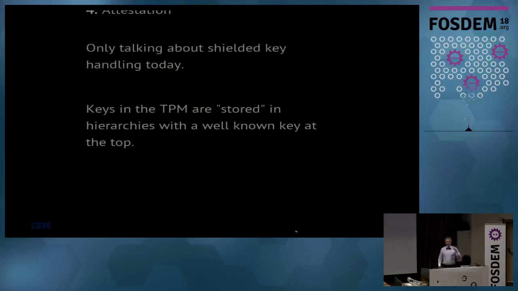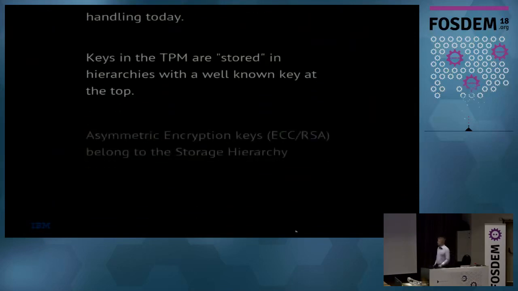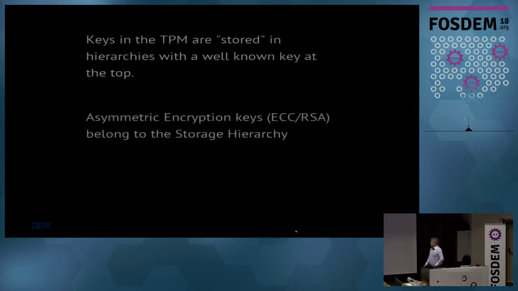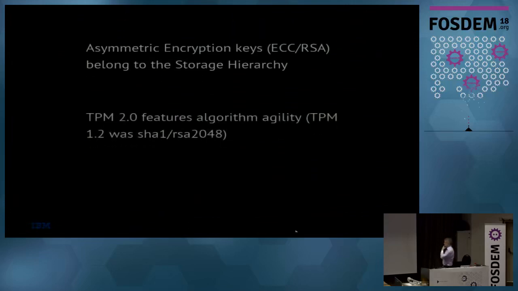But the only thing you need to know is that as far as the TPM sees it, keys are always stored in hierarchies with a well-known root at the top. The root is a key that's actually embedded in the TPM. And asymmetric encryption keys, which is what we use for identity, are stored in something called the storage hierarchy. So the TPM itself has 4 hierarchies. I'll only be talking about one, which is the storage hierarchy.